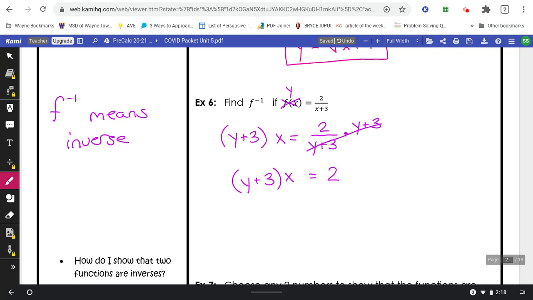You have a couple different ways you can solve it. You could distribute the x, or you could divide the x to get the y a little bit closer by itself. Most people I've noticed distribute the x, so we'll go ahead and do that. Xy plus 3x equals 2. Then we could subtract 3x from both sides.